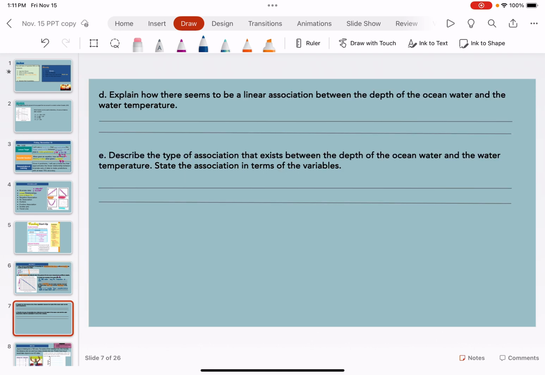Okay, so then D is asking us to explain how there seems to be a linear association between the depth of the ocean water and the water temperature. Okay, so pretty much the same thing, right? We just said that there is a negative linear association.